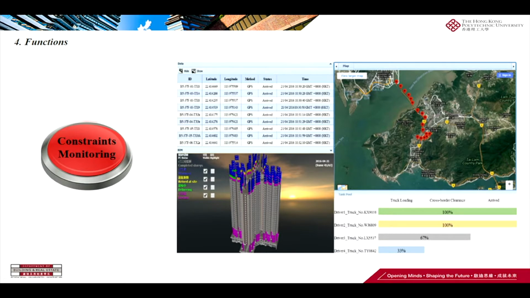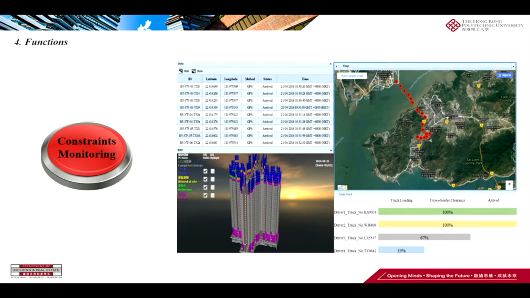So after we have modeled and optimized the constraints, we need to monitor the constraints dynamically from the supply chain. First, we need to track the components of the MIC method.